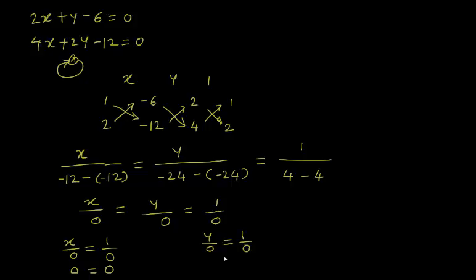And if you cross multiply, y into 0 will become 0, is equal to 1 into 0 will become 0. We got an equation without any variables. That means these two equations have infinite solutions, and they are called dependent. They are consistent but dependent linear equations.